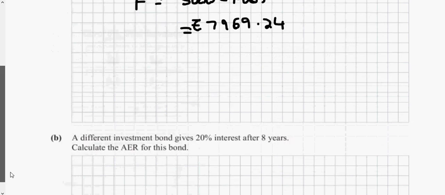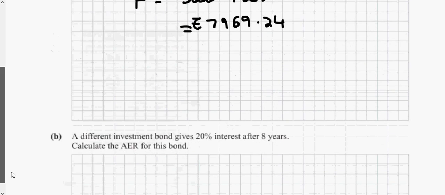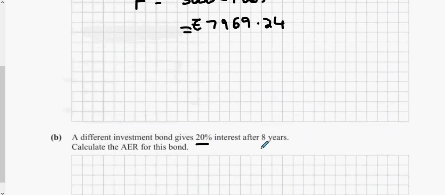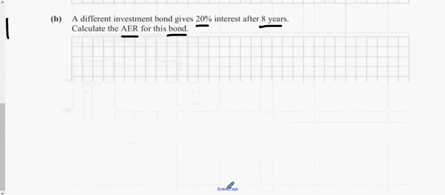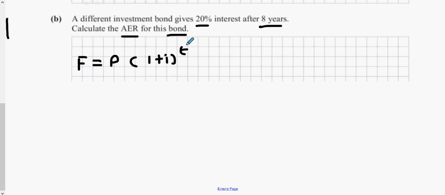Now, part B. A different investment bond gives 20% interest after 8 years. Calculate the AER for this bond. No bother. Okay? What I'm going to ask you guys is, you're going to go for this again. Now, what's the goal of the question?